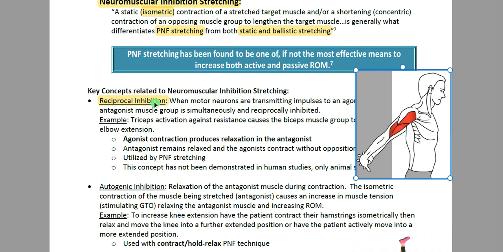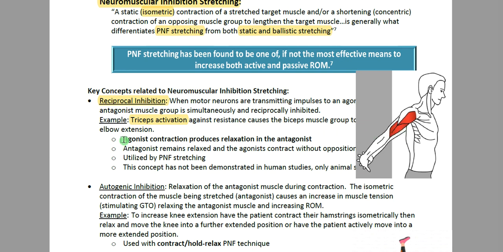So with reciprocal inhibition, the concept is that if the triceps were to activate, so if you were to cue the patient to contract their triceps, to ask them, try and extend your shoulder further backwards, or try and extend your elbow, lock your elbow out all the way. By locking the elbow out, by contracting the triceps, it's going to reciprocally inhibit the antagonist to that motion, which in this case would be the biceps.